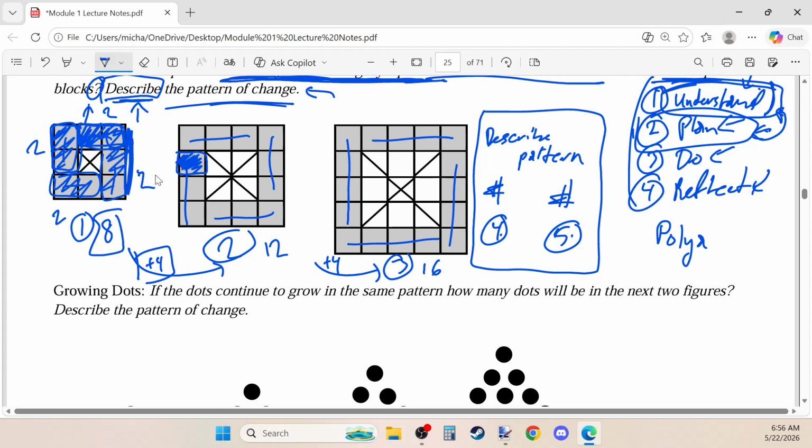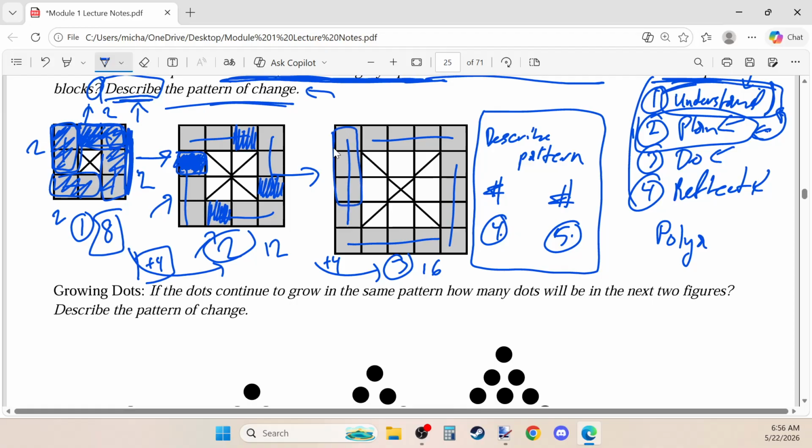When I go from this one to this one, I am adding an additional block to each of my groups. So since I'm adding one block to this group and one to this group, I'm adding 4 blocks, because I have 4 groups and each one gets one more block. That's 4 blocks more. If I go to the next one, it's the same thing.